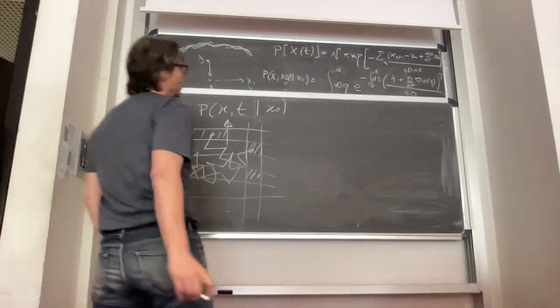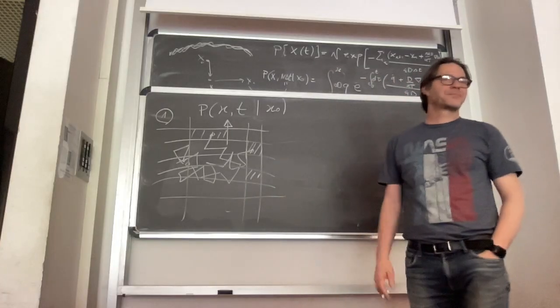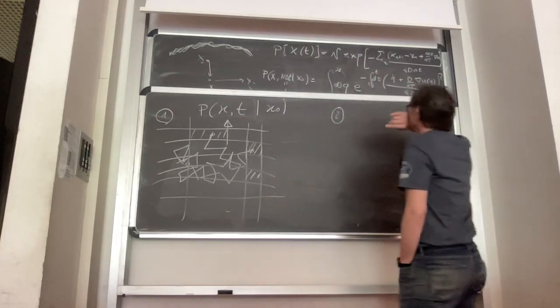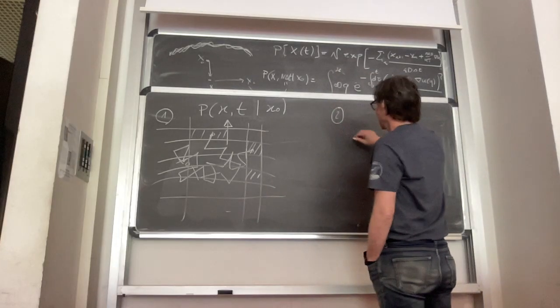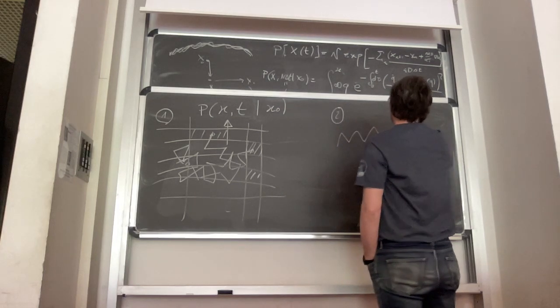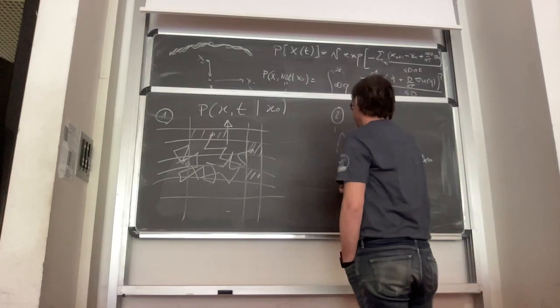Well, in principle, strategy number two is so much more complicated. It says, take all the paths that connect your initial position to any of the paths.